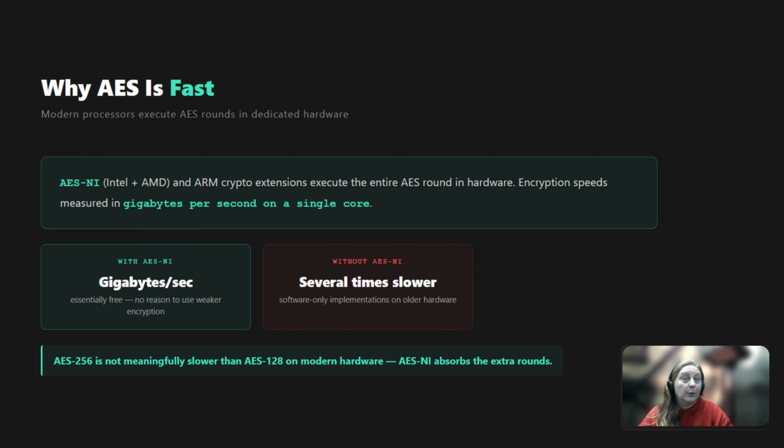Without hardware acceleration, AES is several times slower. With it, AES is essentially free, fast enough that there's no practical reason to use weaker encryption to save CPU time. This is also why AES-256 isn't meaningfully slower than AES-128 on modern hardware. The extra rounds add maybe 20% overhead, which AES-NI absorbs without breaking a sweat.